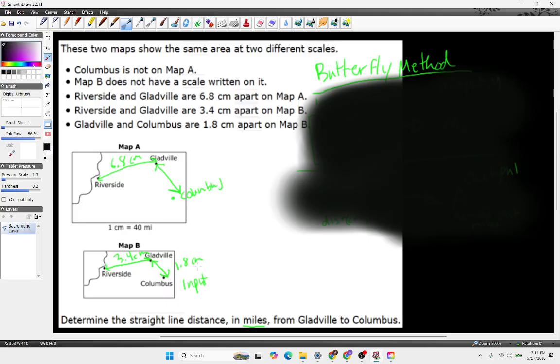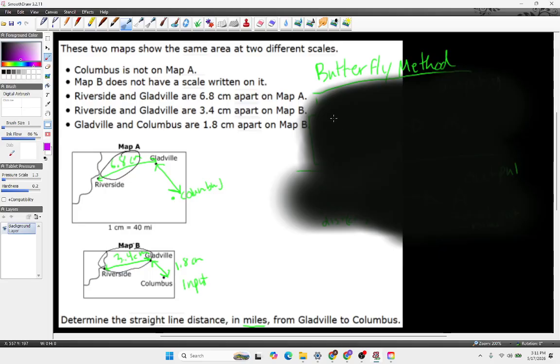But the first thing I'm going to figure out is using this pair, with map B being the input and map A being the output.